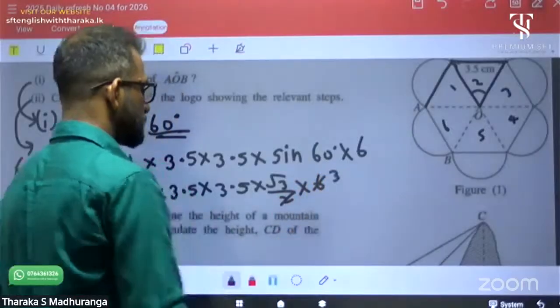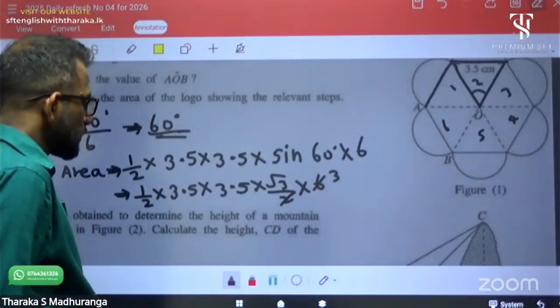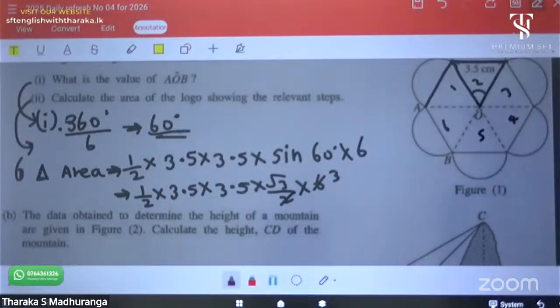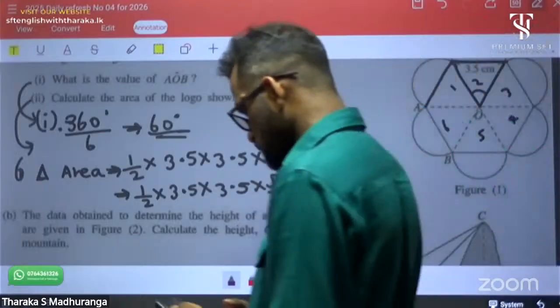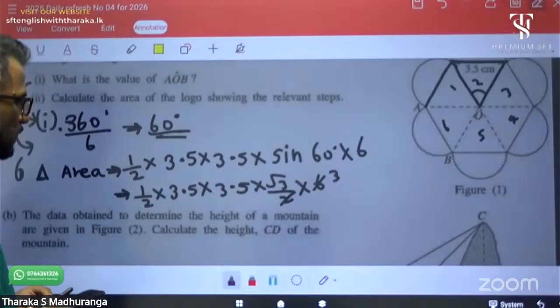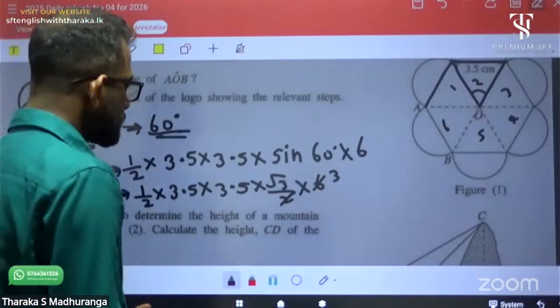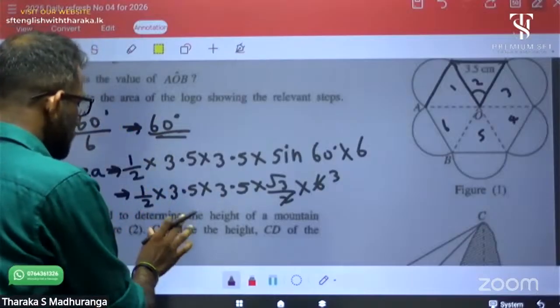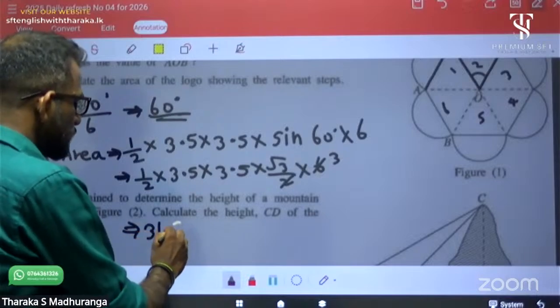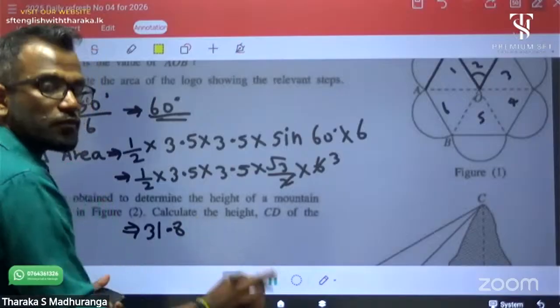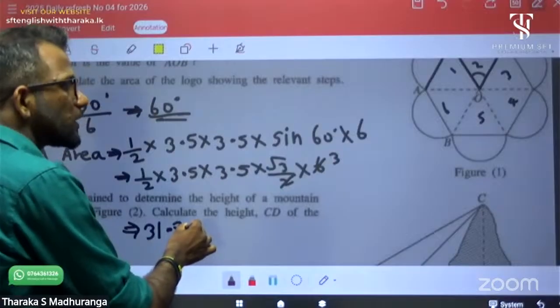Now the answer is 31.82. The answer is asked to the first decimal point, so 31.8 square meters.